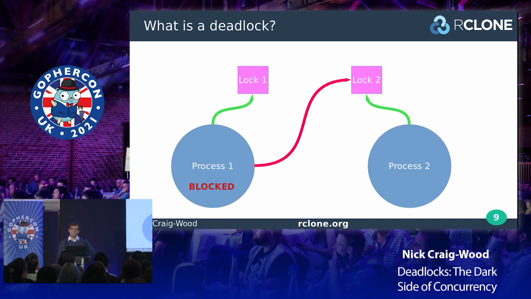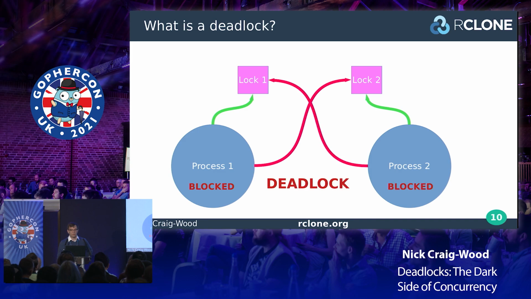Now process 1 attempts to take lock 2. This causes process 1 to block and wait for lock 2 to be released, as lock 2 is already held by process 2. We haven't reached deadlock yet, as everything could be resolved as soon as process 2 drops lock number 2. However, it doesn't do that. Process 2 now tries to take lock 1.